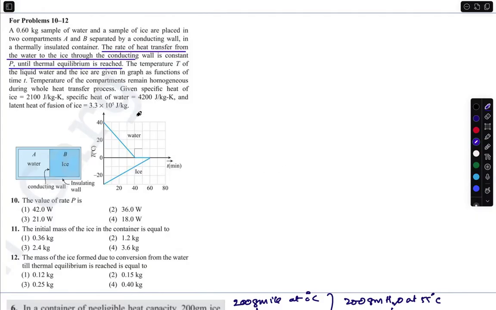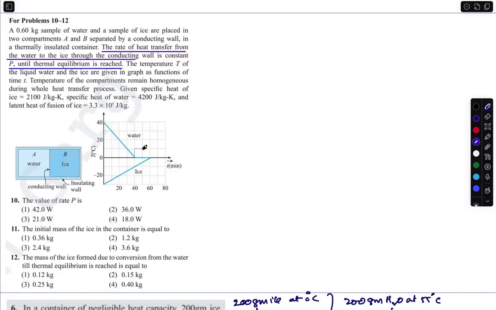Now you can see at the starting of the situation, water is at 40 degrees centigrade, gradually falls to 0 degrees centigrade. Thereafter, no further fall, but ice keeps melting. What to understand from this particular situation?